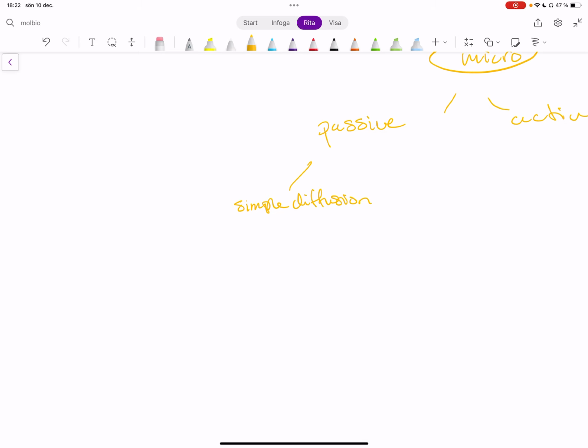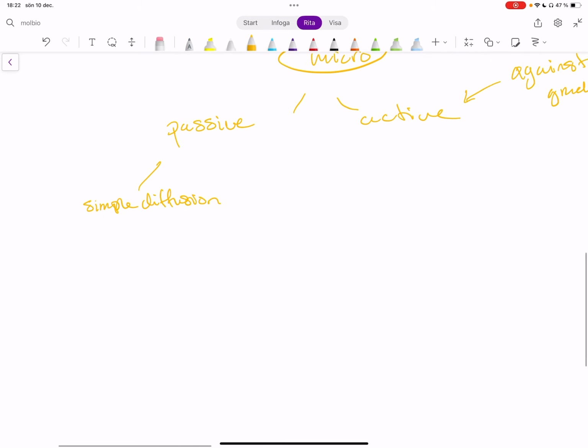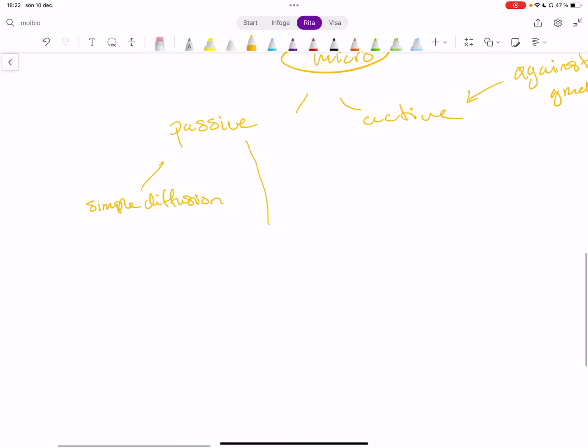So it's simple. But passive can also be facilitated diffusion. And here the difference would be either carrier proteins or channel proteins.